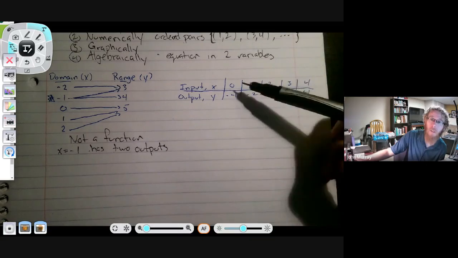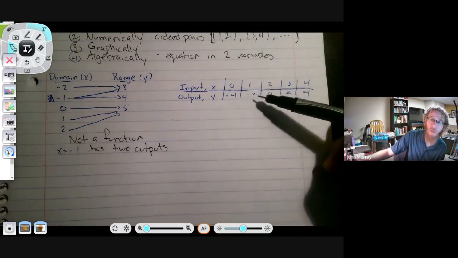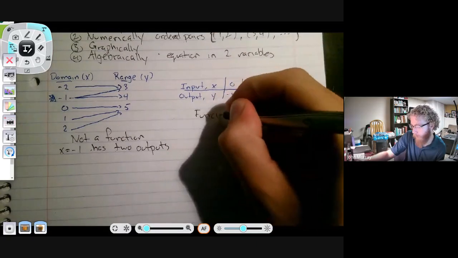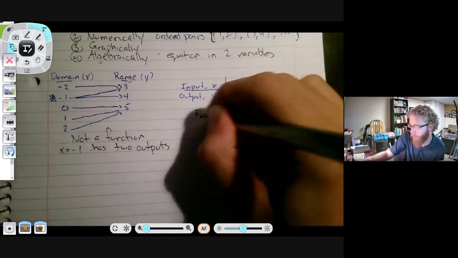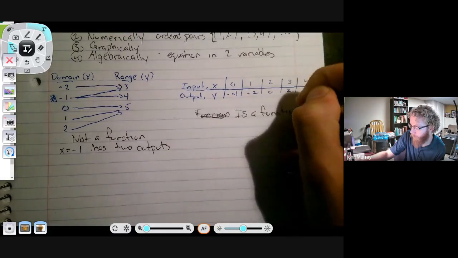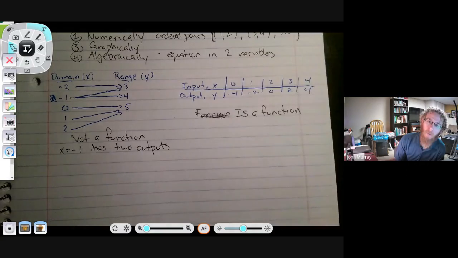In our case here, you got 0 once, 1, 2, 3, 4. So it is a function.